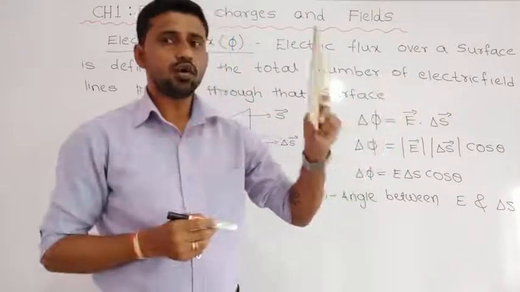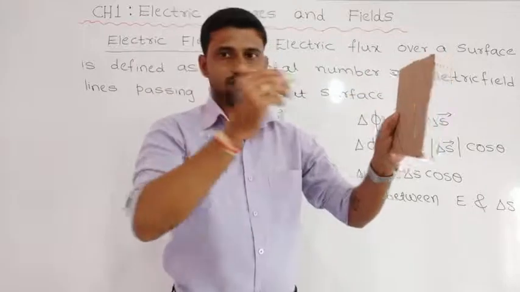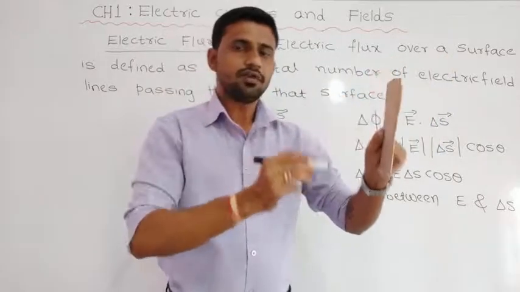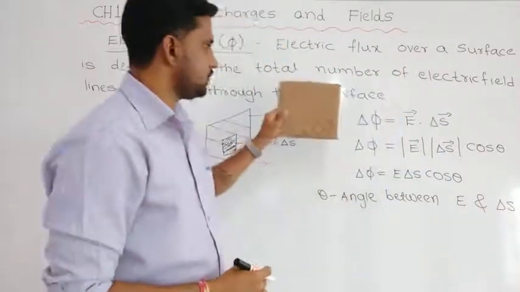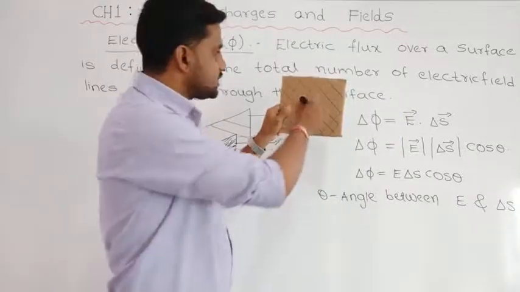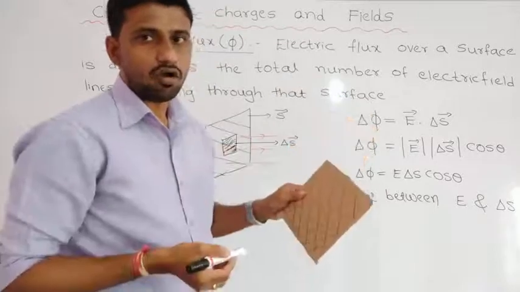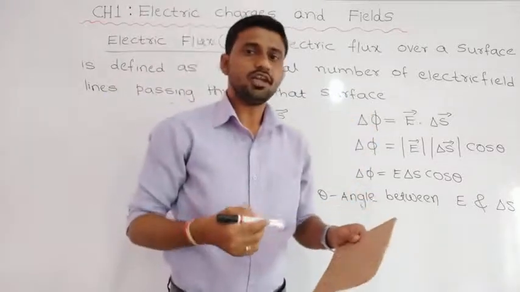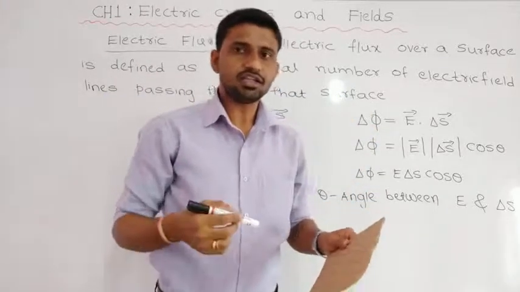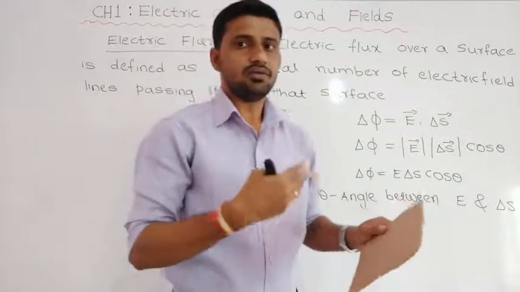That means now its direction is like this. Suppose I place the same surface here, for me its direction is like this. That means the direction of the surface depends on from where you are observing, and you should take the surface which is in front of you.